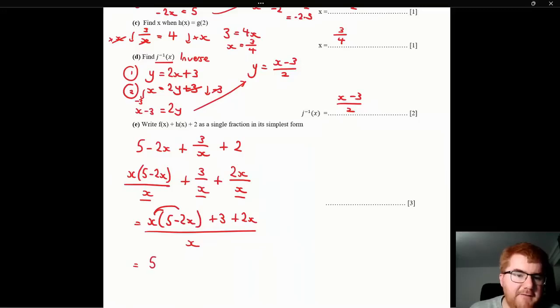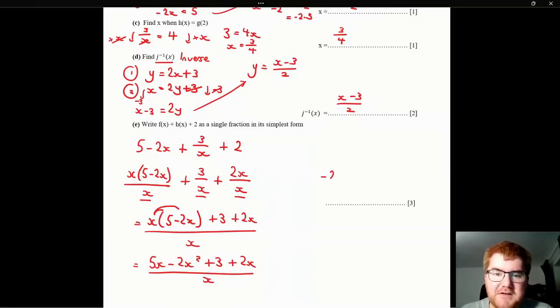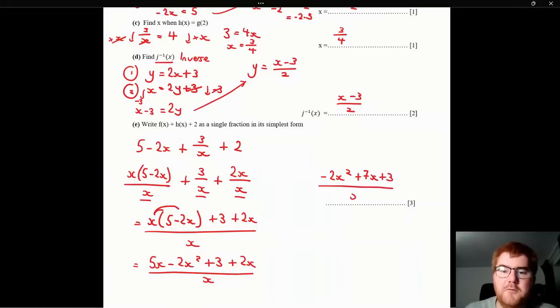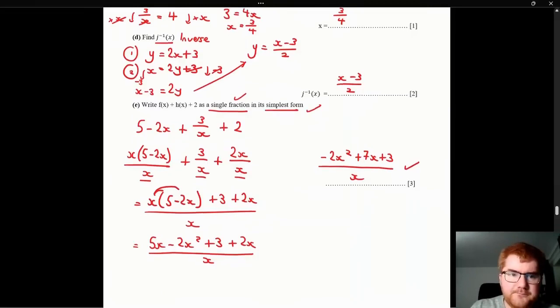So we get 5x minus 2x squared plus 3 plus 2x, all over x. If we simplify this down, we have a minus 2x squared that stays as it is. 5x plus 2x is 7x, plus 3, all over x. And we have it as a single fraction, tick, in its simplest form, also tick as well.